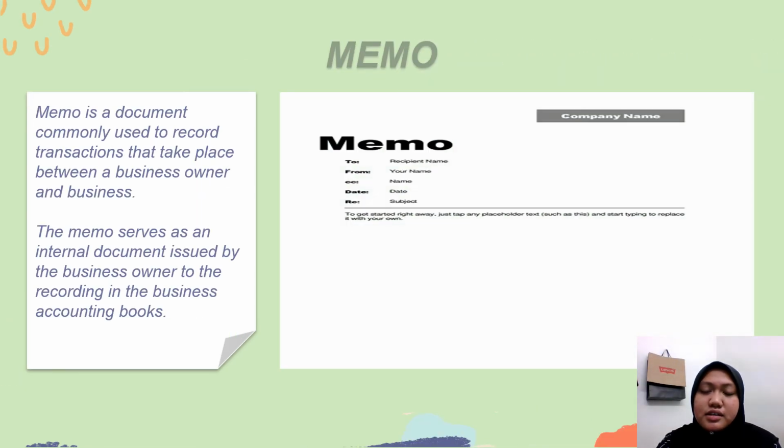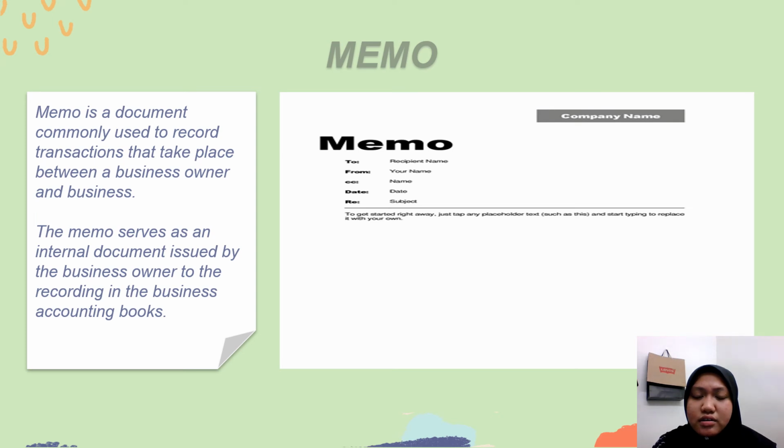Okay, so the second is about memo. Okay, memo is a document commonly used to record a transaction that takes place between a business owner and business. Okay, the memo serves as an internal document issued by the business owner to the recording in the business accounting book.